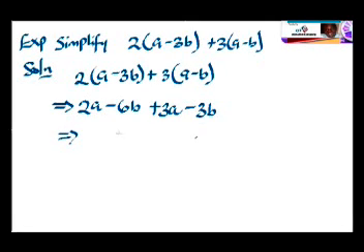So this becomes 2a, let me sort out the like terms, plus 3a, that's all. Then you go for the b, minus 6b minus 3b.